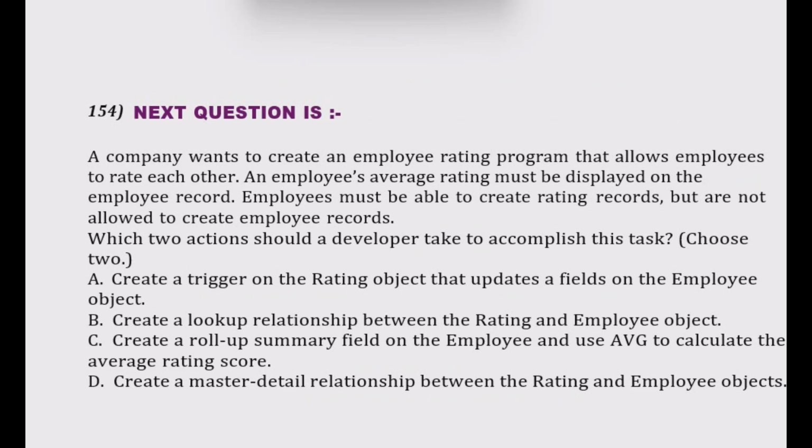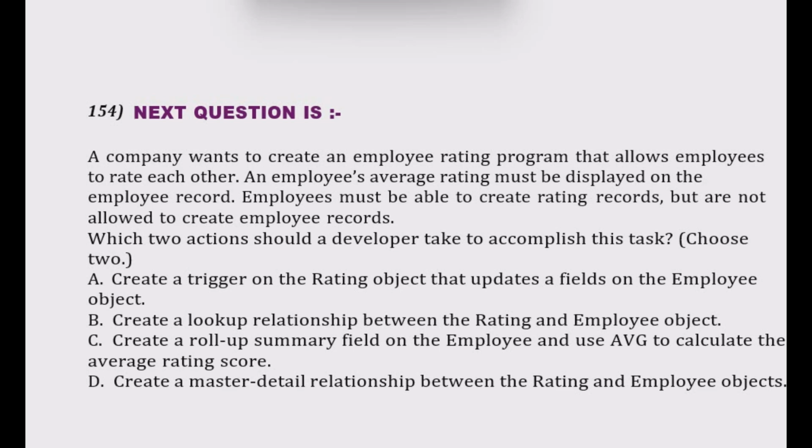Question is, a company wants to create an employee rating program that allows employees to rate each other. The employee's average rating must be displayed on the employee record. Employees must be able to create rating records but are not allowed to create employee records. Which two actions should a developer take to accomplish this task? Option A. Create a trigger on the rating object that updates a field on the employee object.